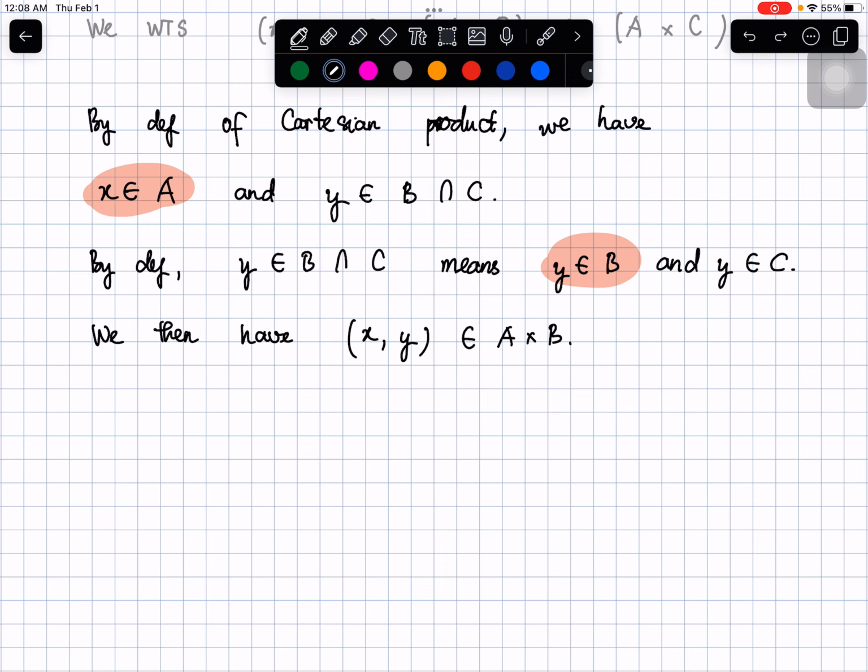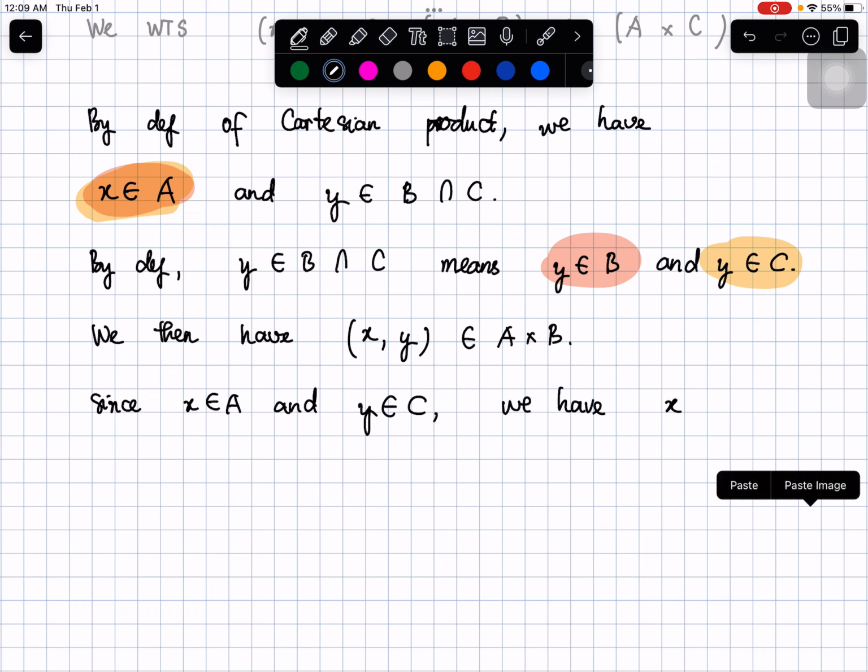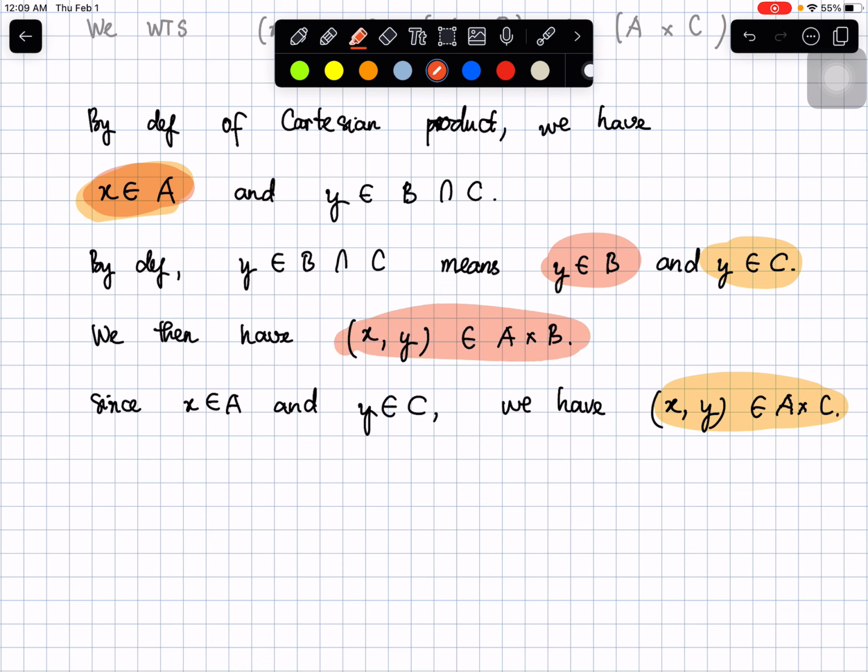Now we have, since x is in A and y in C, x comma y is in A cross C. So we have x comma y in A cross C. We have x comma y in A cross B. Therefore, x comma y must be an element in the intersection of the two sets.